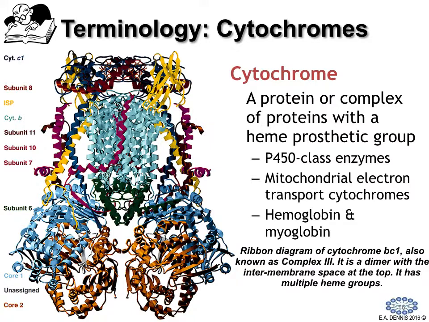This sort of cytochrome is typical of the cytochrome P450 class of enzymes, very important, involved in drug metabolism. The mitochondrial electron transport chains have cytochromes in them, and hemoglobin and myoglobin are composed of cytochromes.